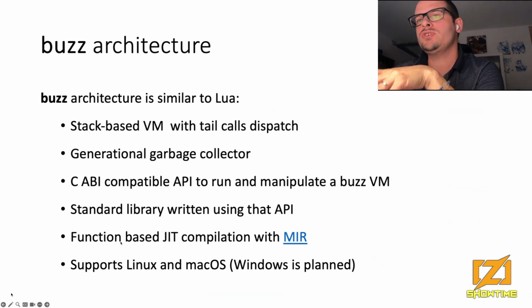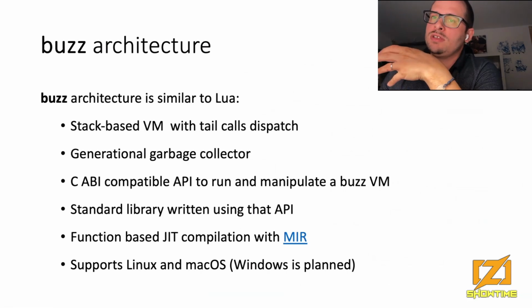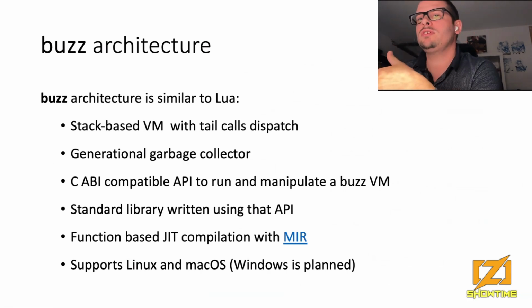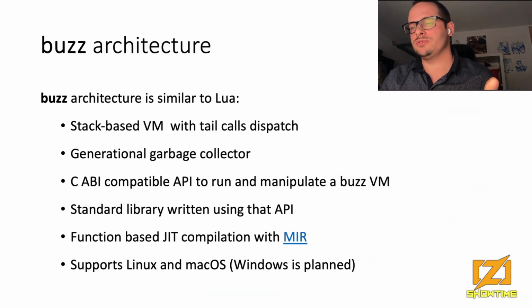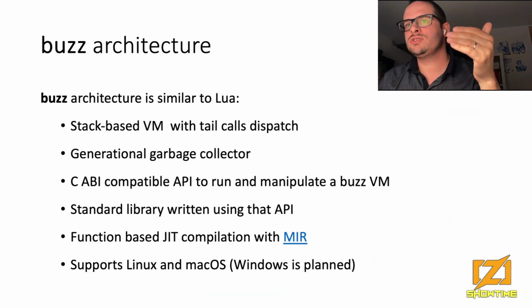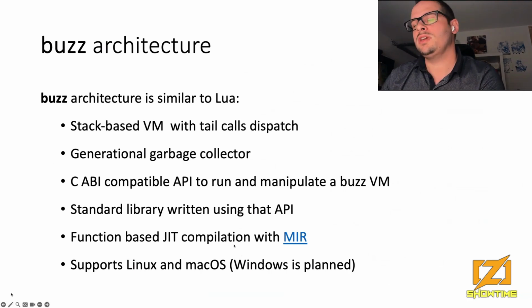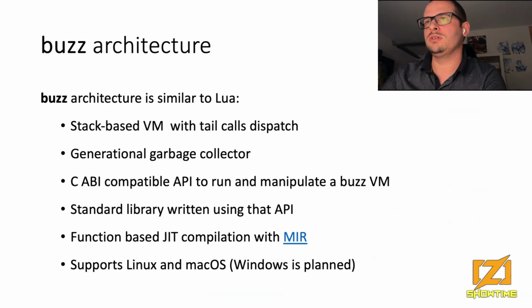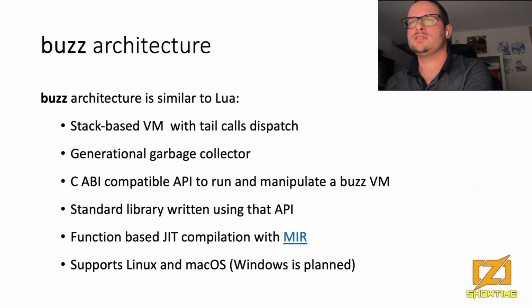It's a function-based just-in-time compiler for the time being, which means I'm only compiling a function when I see that it is called too many times. So I compute a threshold, and when it's over that threshold, I'm compiling the function. In the future, I'm going to be able to compile bits of code, so maybe a while loop is going to be transformed from a while loop into a function, and I'm compiling it there.